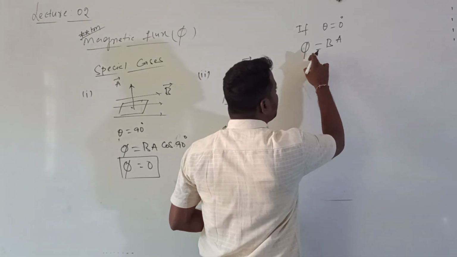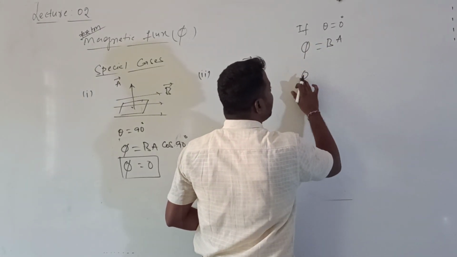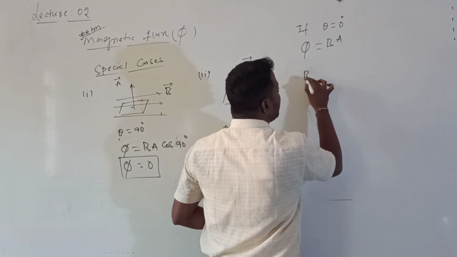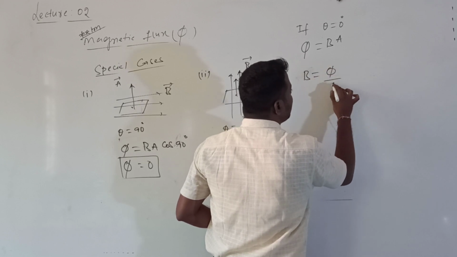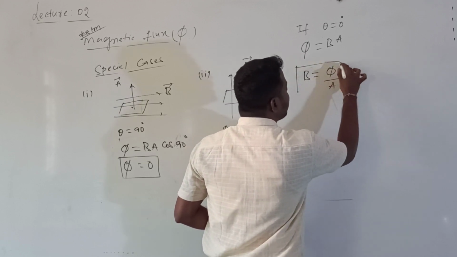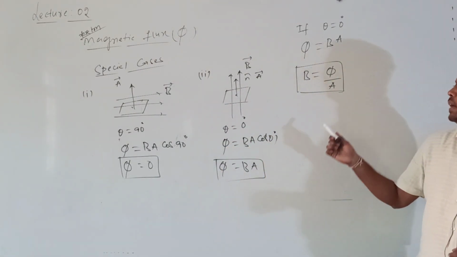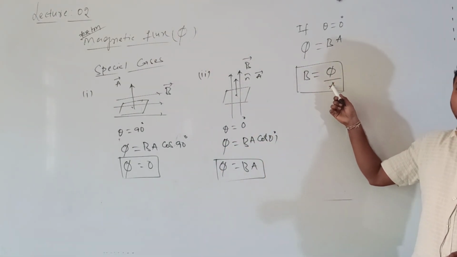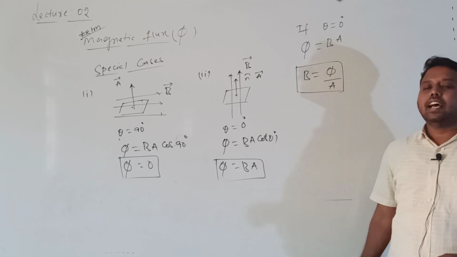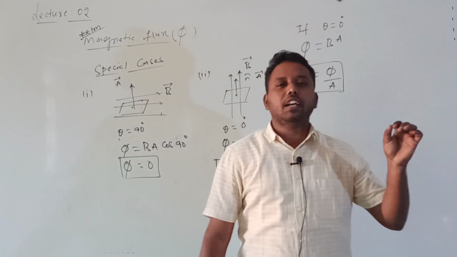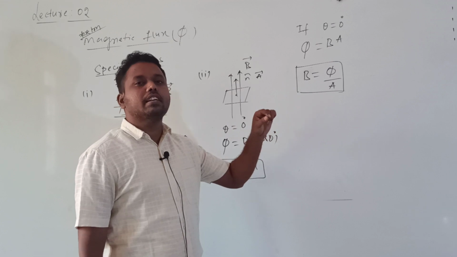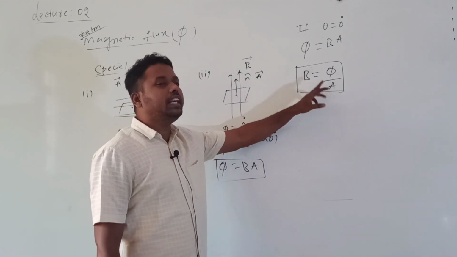When theta is 0, the magnetic field is perpendicular to the given surface, and flux is B into A, so B is equal to phi divided by A. Magnetic field induction can also be defined as the magnetic flux per unit area, or the number of magnetic field lines passing through the given surface normally per unit area.